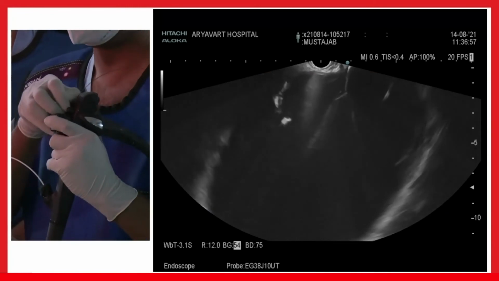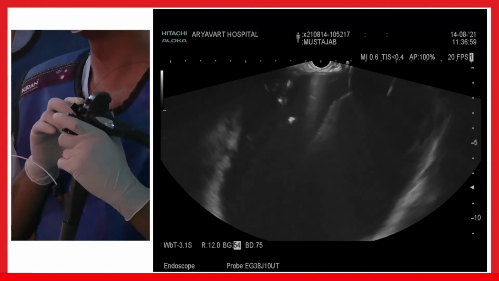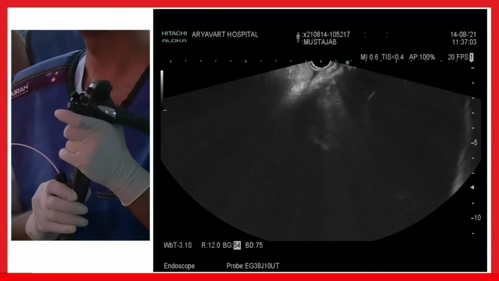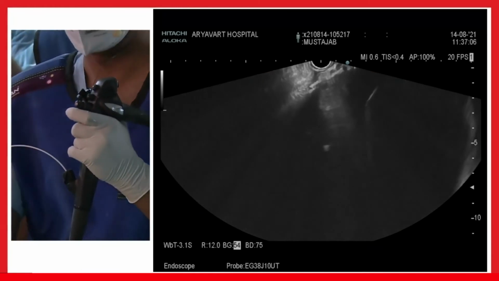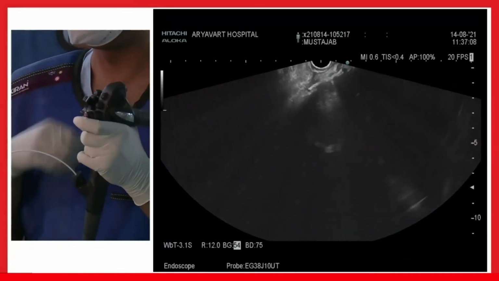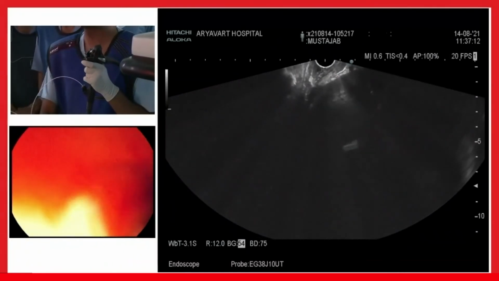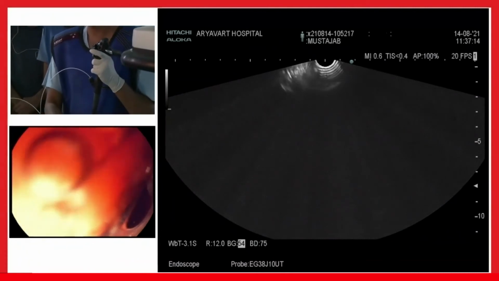So what I will do now, we will go to the endoscopic view. So you put the air slightly, move away from your big knob so that you can see.